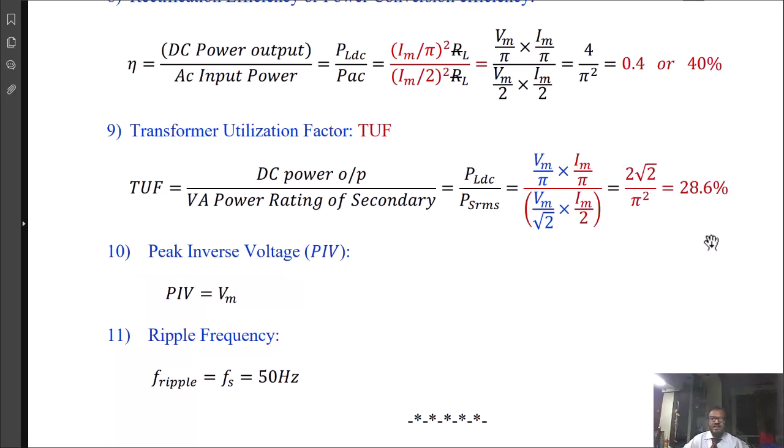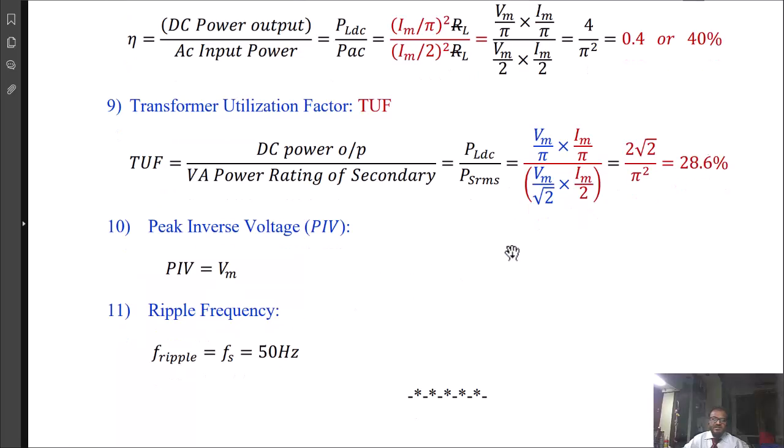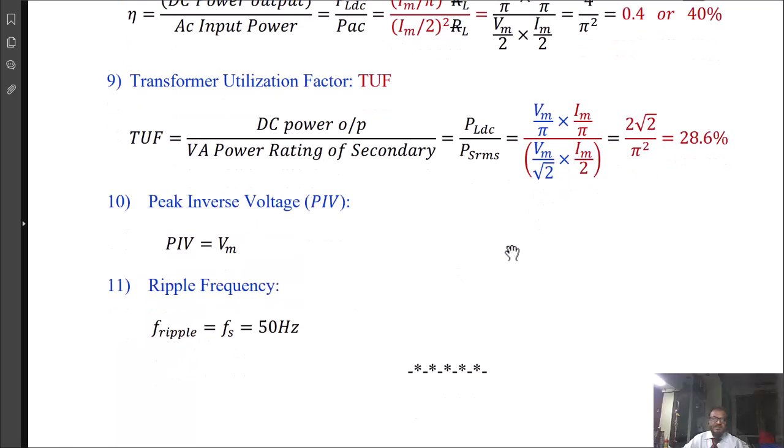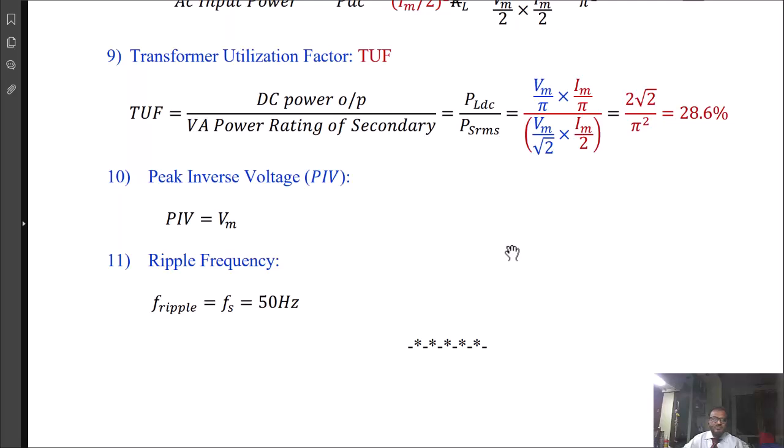It indicates that the transformer is utilized only around 29% and near about 71% it remains idle. So therefore, we can conclude that transformer utilization is also not very good in half-wave rectifiers.